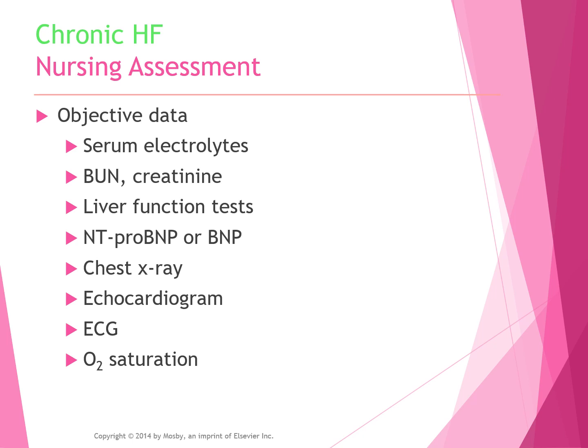ABGs might be something that we need to gather, because we would expect patients to have respiratory acidosis with heart failure if they are coming in with an exacerbation, not for chronic heart failure, but exacerbations, because they're unable to have normal gas exchange with the fluid buildup in their lungs.